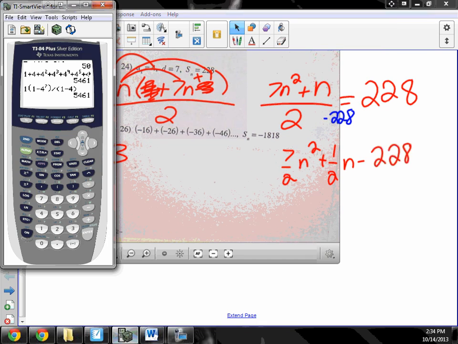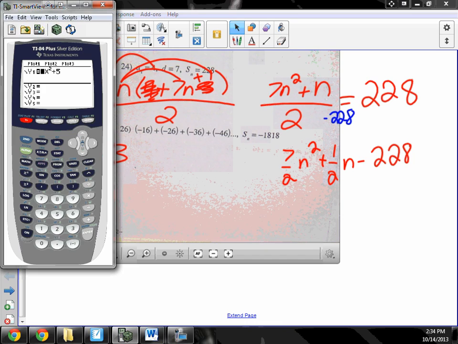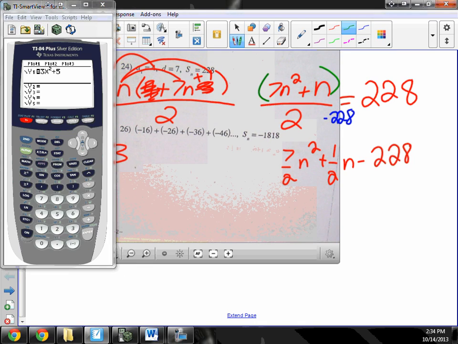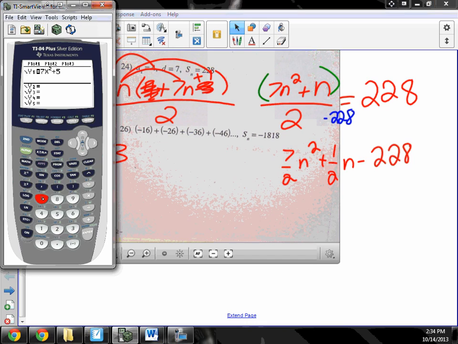So go under your y equals, and you have to use parentheses. Whenever you have multiple terms being divided by one term, you must put parentheses around it. So 7x squared, oops, I forgot my parentheses, sorry. 7x squared plus x, parenthesis, divided by 2 minus 228.